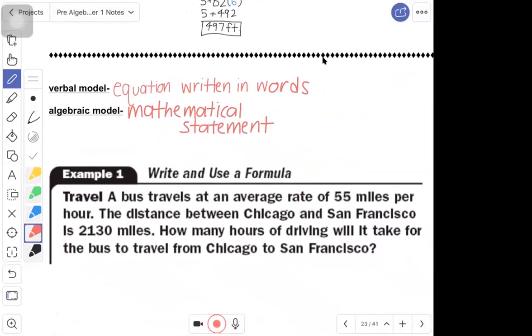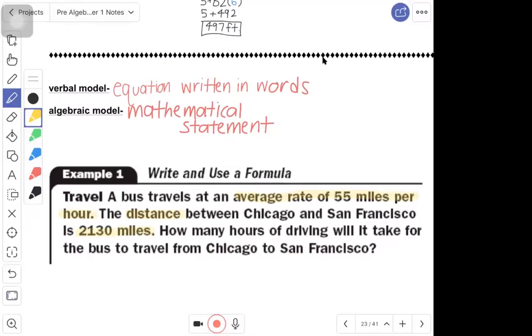So now we're going to reread the problem and highlight what is important. So a bus travels at an average rate of 55 miles per hour. Our average rate of 55 miles per hour there is what we want to remember. Next, they're telling us the distance between Chicago and San Francisco is 2,130 miles.